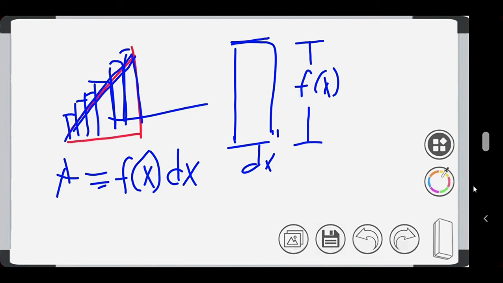This one, the region is the triangle. Since integration is the mathematical method for summing up all the rectangles, we then can integrate f of x dx to find the total area, or the sum of all areas of those infinitesimal rectangles.